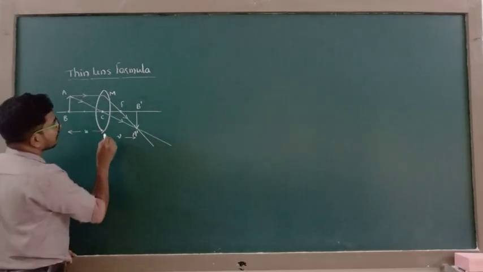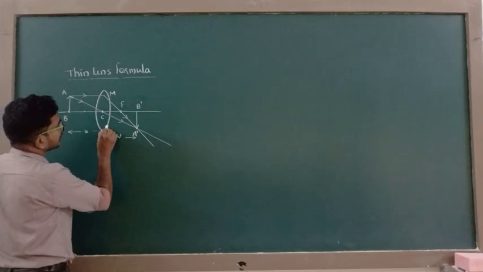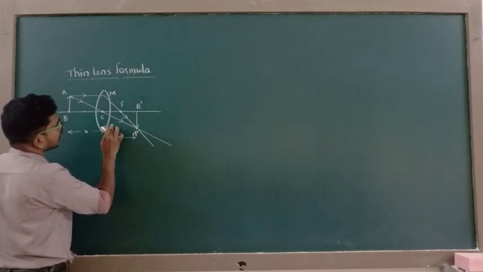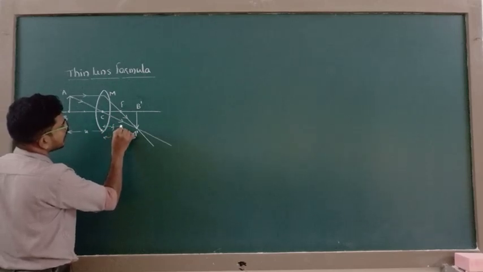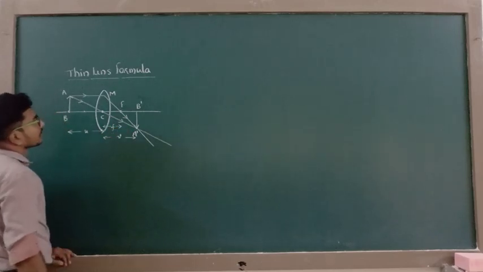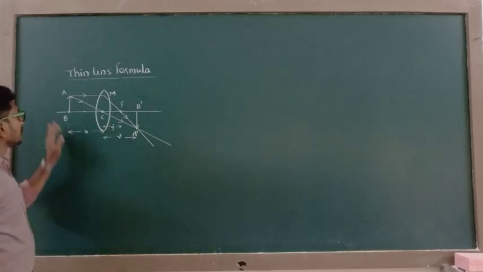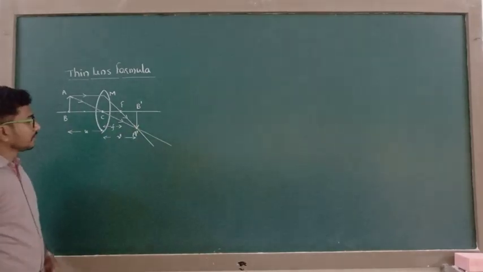The distance between the optical center and the principal focus is known as focal length, and it is represented by small f. So this is the principal axis.